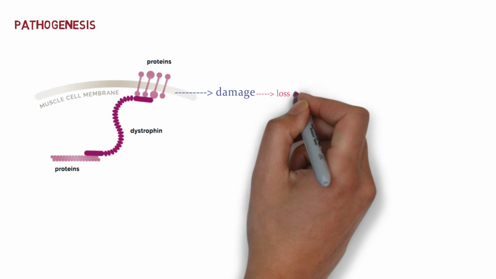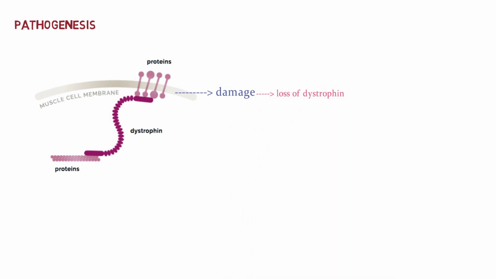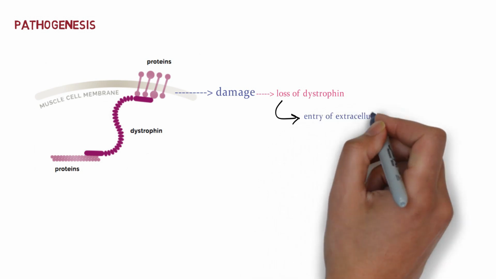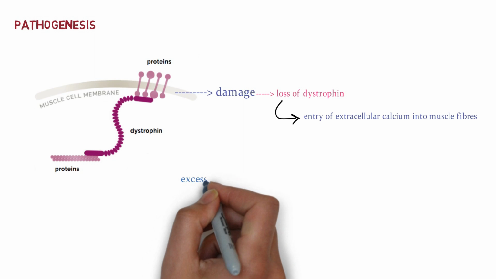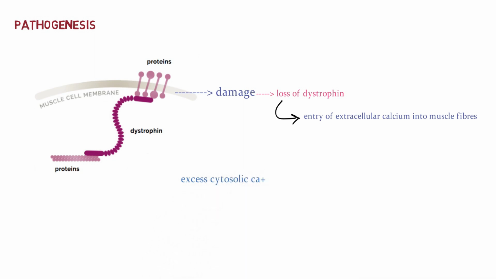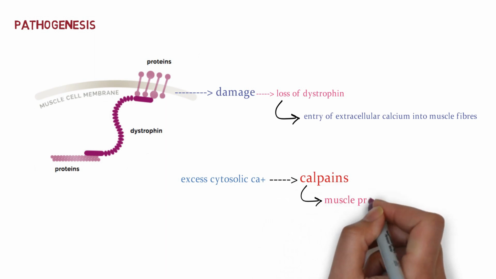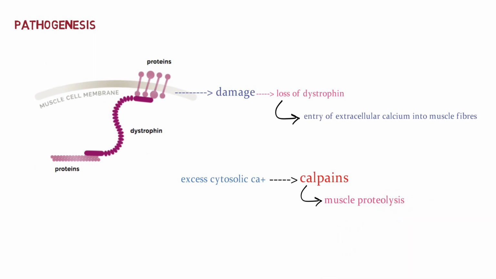And this damage to the muscle cell membrane permits the pathogenic entry of extracellular calcium into the muscle fibers. Yes, so there is excessive cytosolic calcium and that's why there is activation of calpains, and these calpains promote muscle proteolysis. So this is the pathogenesis.